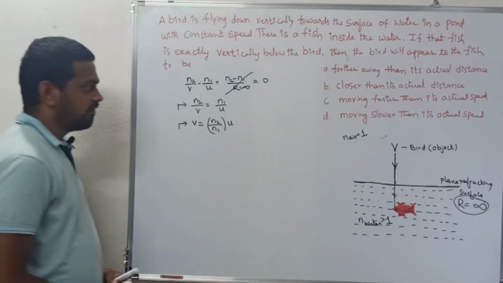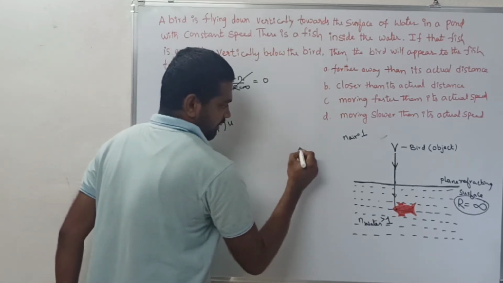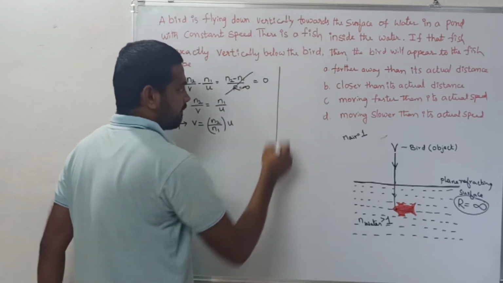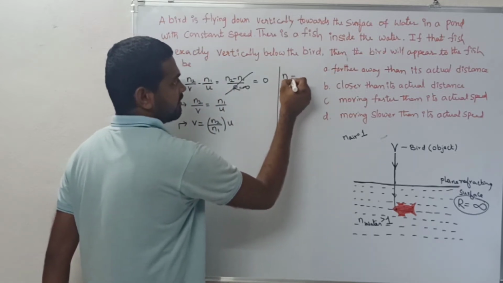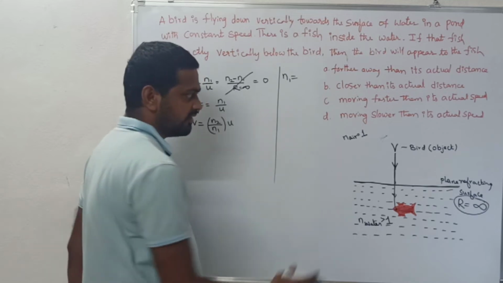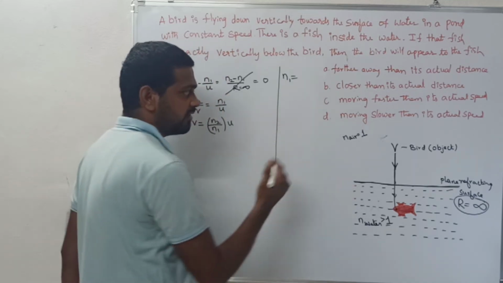Is it clear? What are the values? N1 is the refractive index of the medium in which the object is placed.